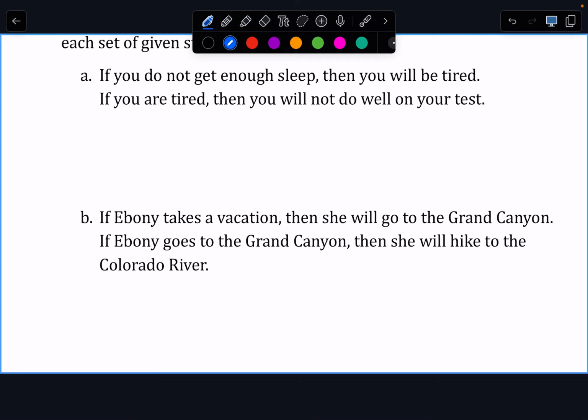So if you do not get enough sleep, then you will be tired. Okay? There are my two statements. If you are tired, then you will not do well on your test.